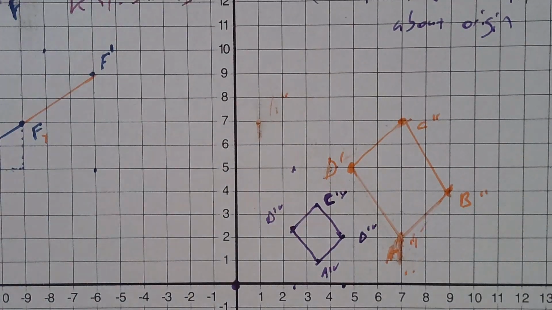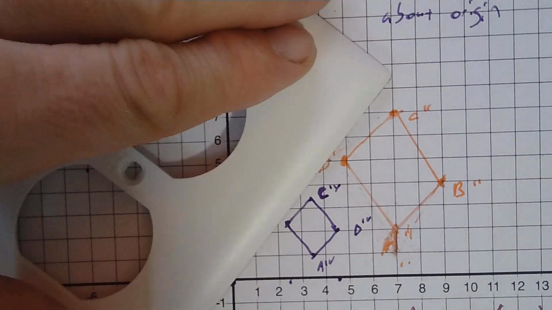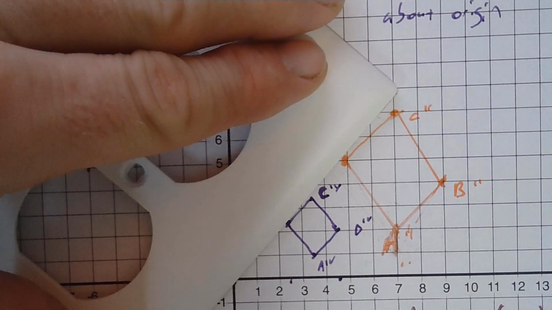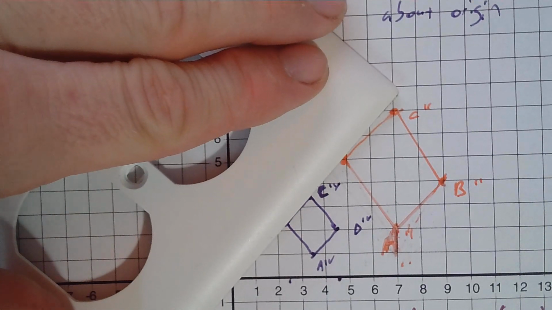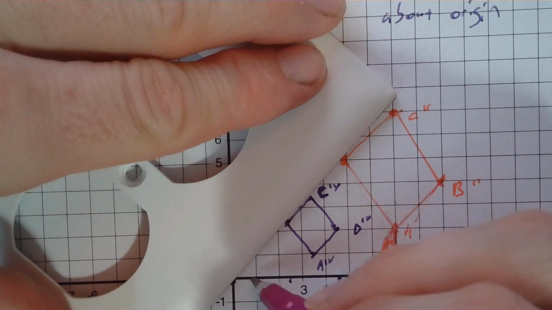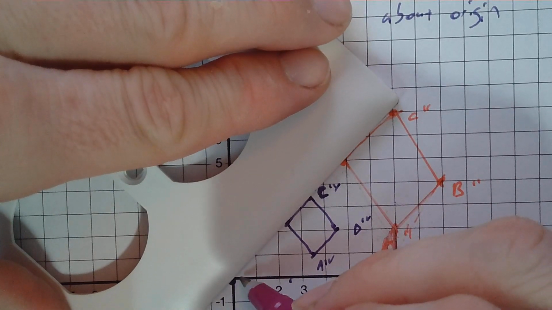Okay, and if I wanted to make sure my dilation was correct, I could line up all the vertices, and they should line up with the origin.